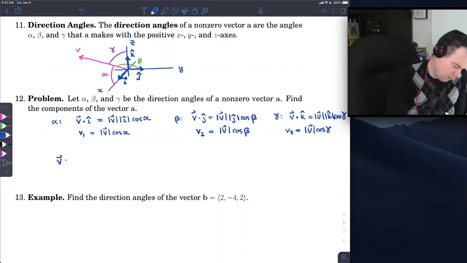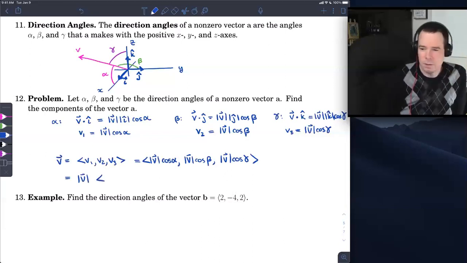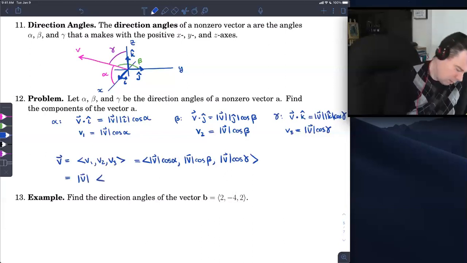And that means then that v, which is the vector v1, v2, v3, is equal to the magnitude of v times cosine alpha, the magnitude of v times cosine beta, and the magnitude of v times cosine gamma. Or in other words, I can factor out that scalar value, which is the magnitude of v, and I get cosine alpha, cosine beta, and cosine gamma.